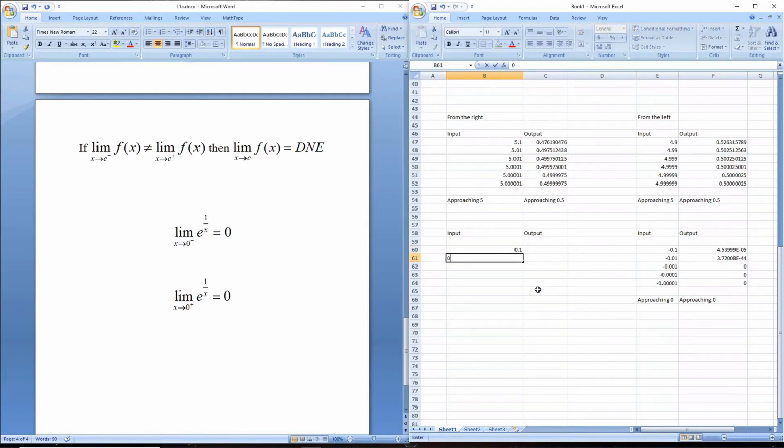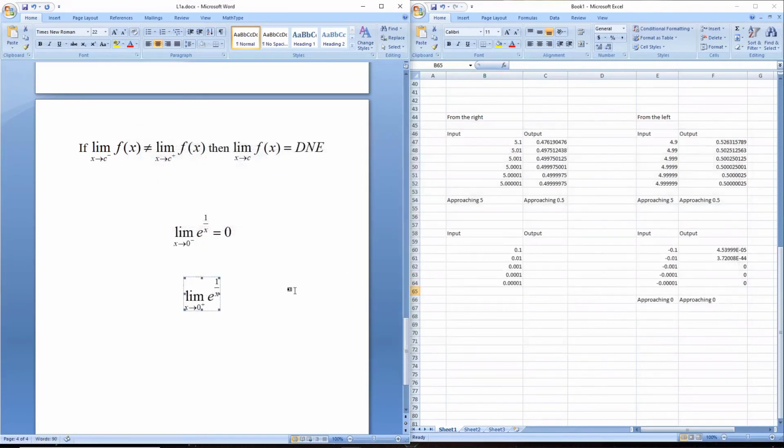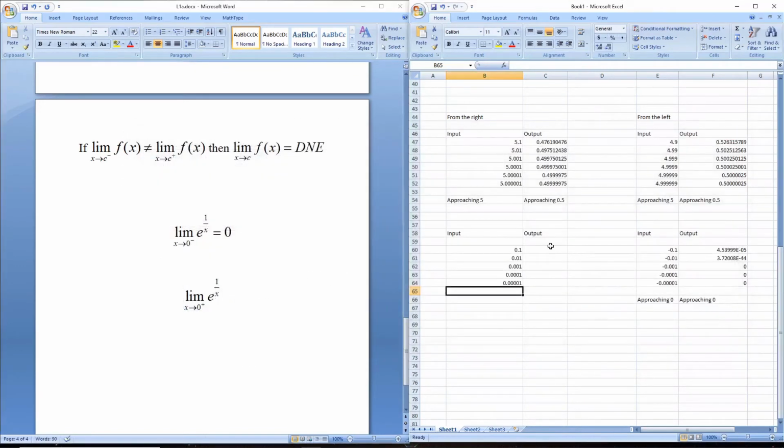And now we want to choose numbers that get closer and closer to 0. Now that we've chosen our numbers, we'll plug them into the function and see what happens.